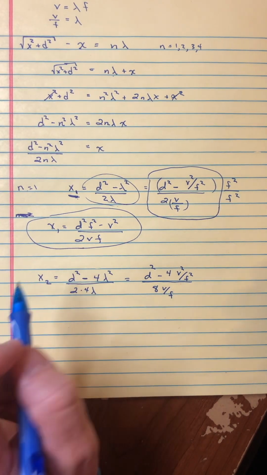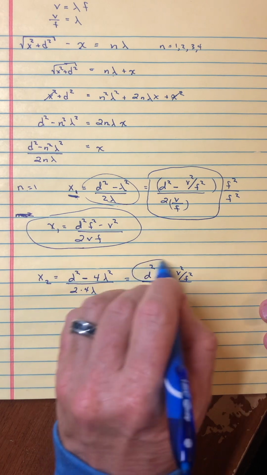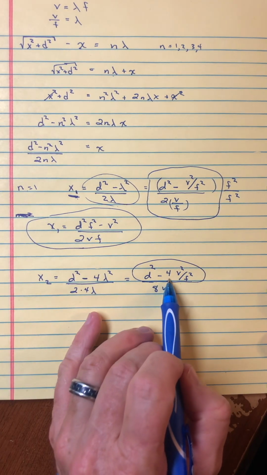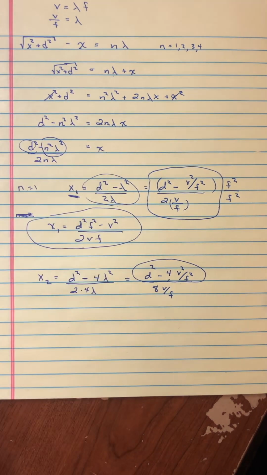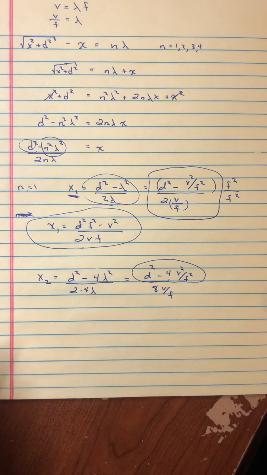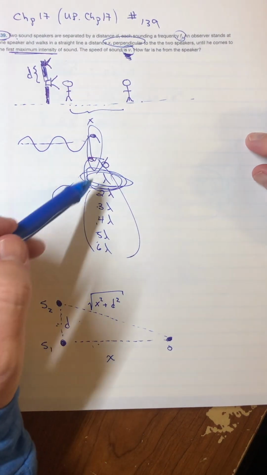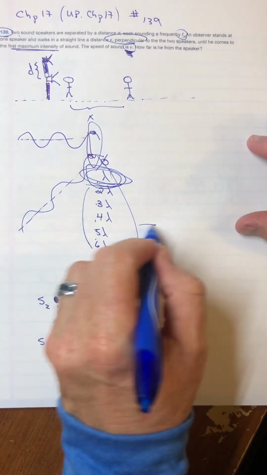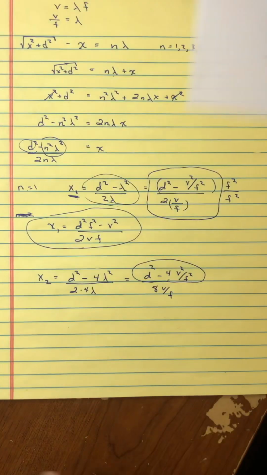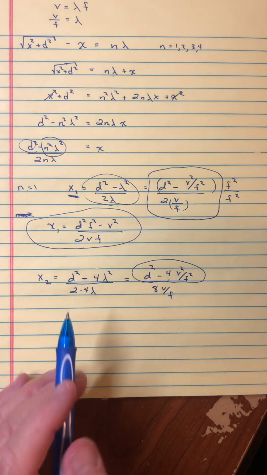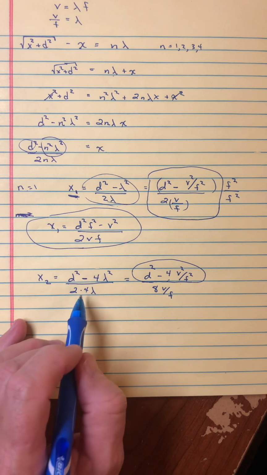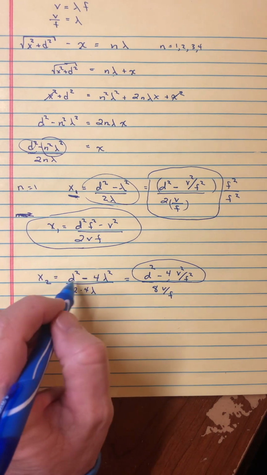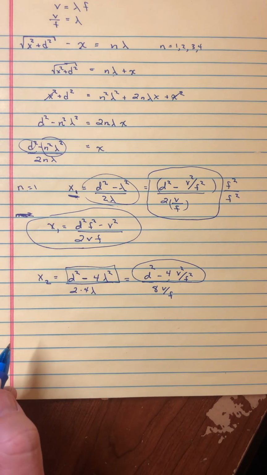But I think I should probably not go further and just say, at some point, this isn't mathematically valid, because at some point, this term right here is bigger than that one, and we're starting to talk about negative numbers. So when I set this up and said it would be an integer number of wavelengths, 1, 2, 3, 4, there would be some maximum. And that maximum would occur when this is still positive.